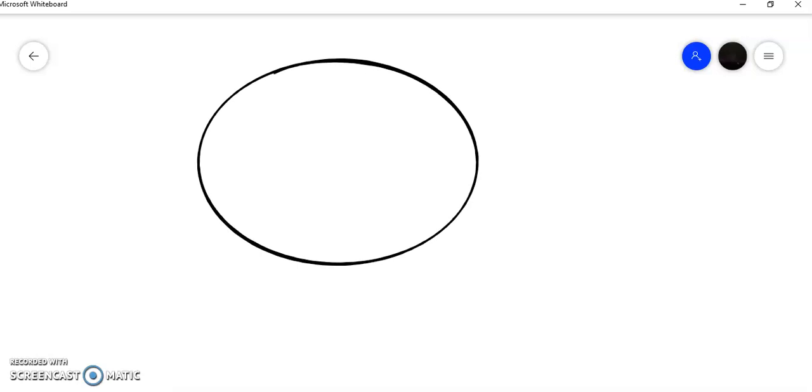And we talked about the radius, which is the line that goes from the center of a circle to the outside edge. That's called your radius. And we talked about the diameter, which is a line that goes from one end to the other. It's supposed to be straight, sorry. That's your diameter. And it has to pass through the center.